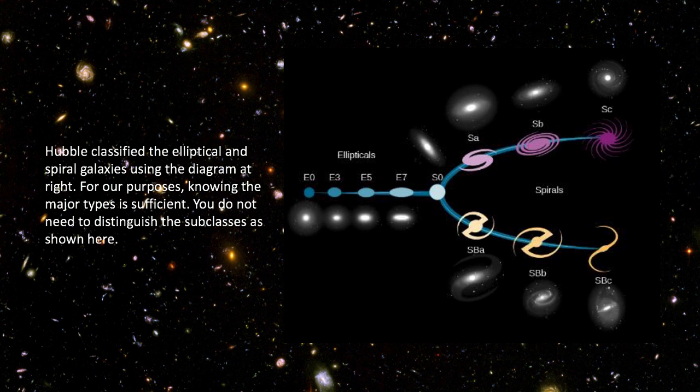Okay, Hubble went on, after discovering these galaxies, to classify them, right? So we have all these objects now that are outside of the main Milky Way galaxy. What are they like? What kinds of shapes do they have? And can we group them together? And so he started to create this categorization, this classification scheme for ellipticals and spirals. And you can see that the ellipticals basically go from perfectly round to more oblong looking, and spirals can be stretched in different ways, and our viewpoint on them can be different.